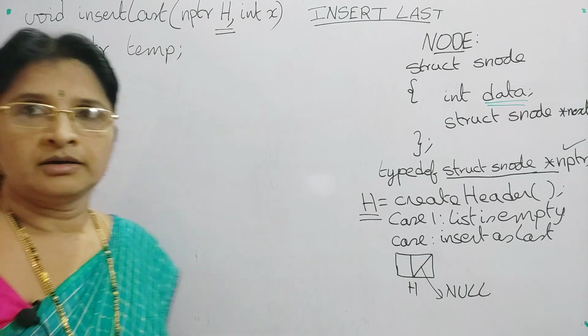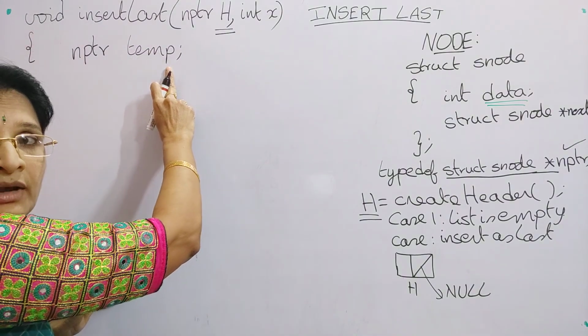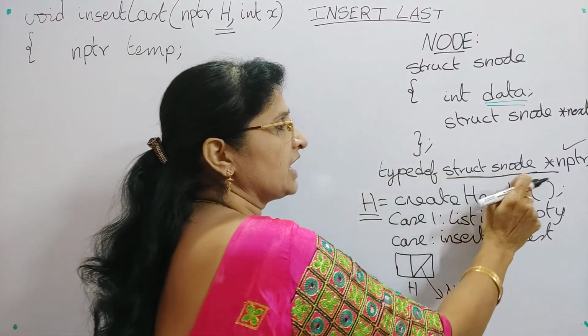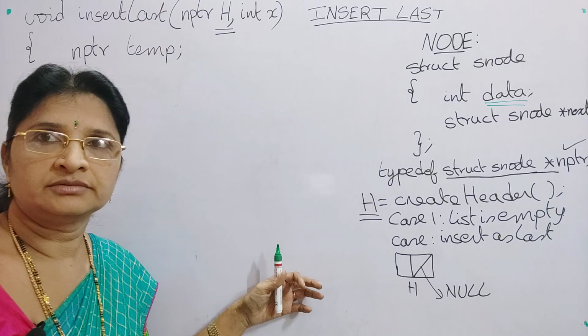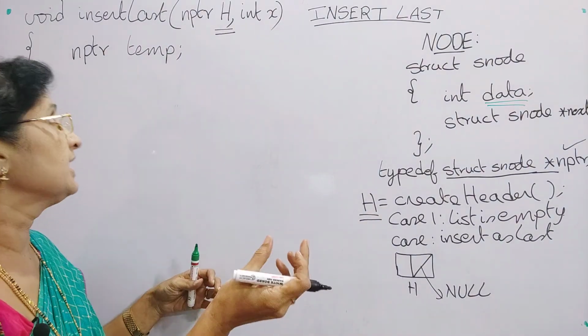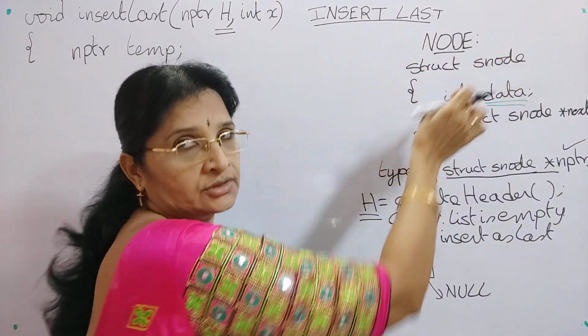Temp is a variable of data type nptr. nptr means struct node asterisk. That means I have declared one more pointer to my struct node.